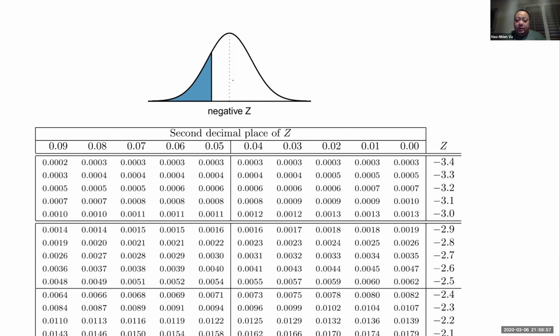All right, so here's a normal table, one part of it. Here's the z for the negative side, and you notice that for the normal table, the area that's given is always completely to the left of z. We're not missing anything. We get the complete area to the left of z, okay? So for example, if z were negative 2.93, then this area right here is the complete area to the left of z.